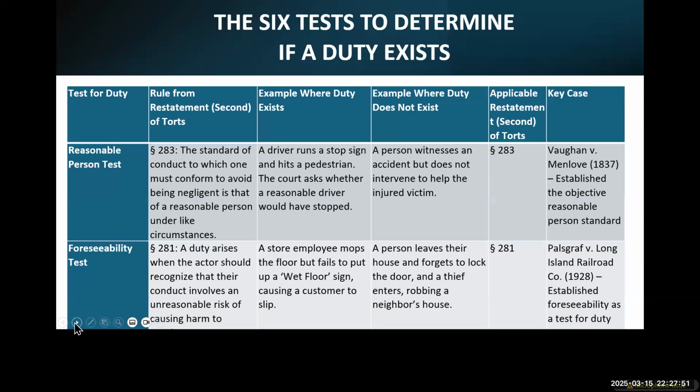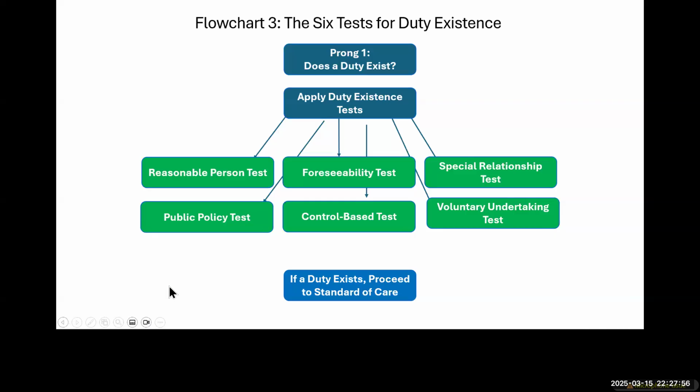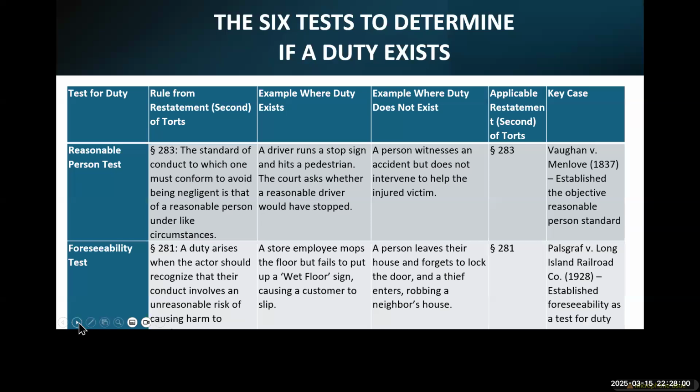The reasonable person test, to test for the existence of a duty. That's Restatement Second of Torts 283. The standard of conduct to which one must conform to avoid negligence is that of a reasonable person.